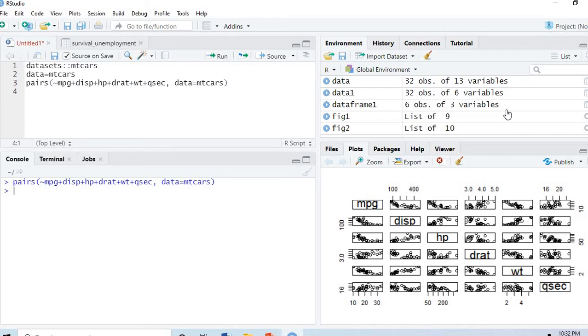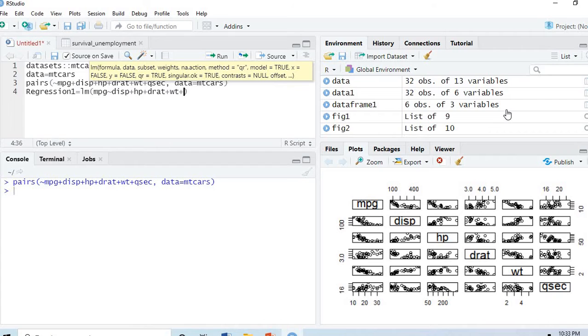First I'll create the model regression1, and I'm using the function lm, which stands for linear model. MPG is the dependent vector, then the sign of tilde, and DISP plus HP plus DRAT plus WT plus QSEC.